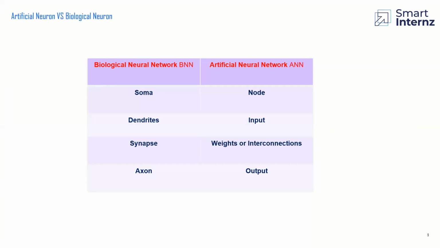In the artificial neural network, the cell nucleus is known as a node. Dendrites are our inputs. Synapses are nothing but the weights, or the interconnection in the neural network. And the axon is the final outcome of the neural network.